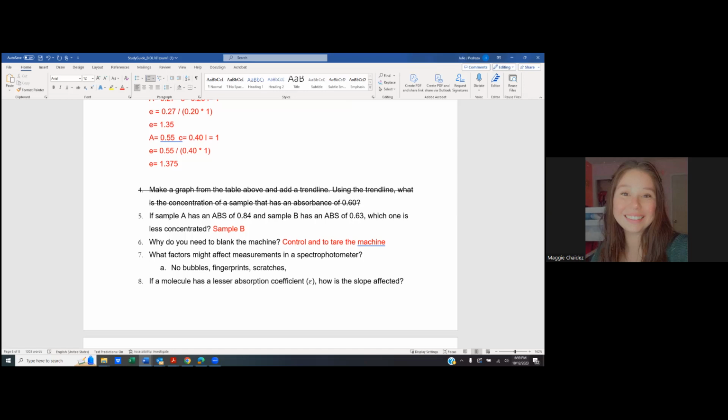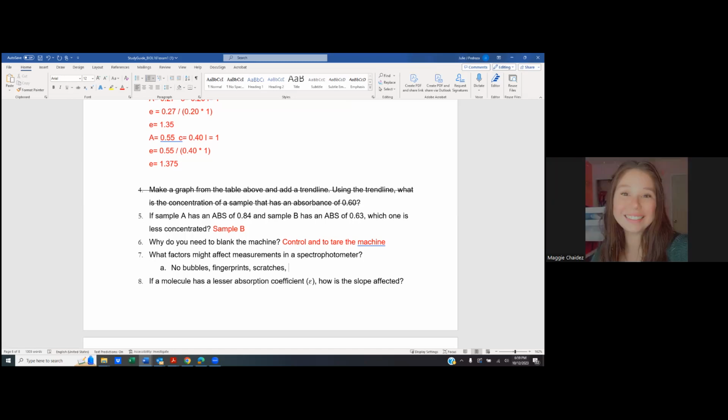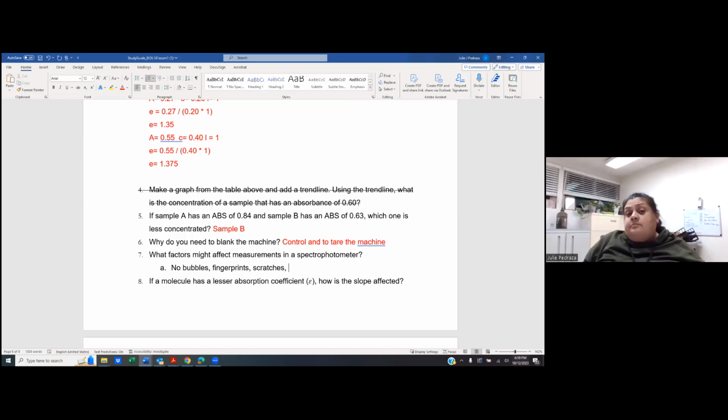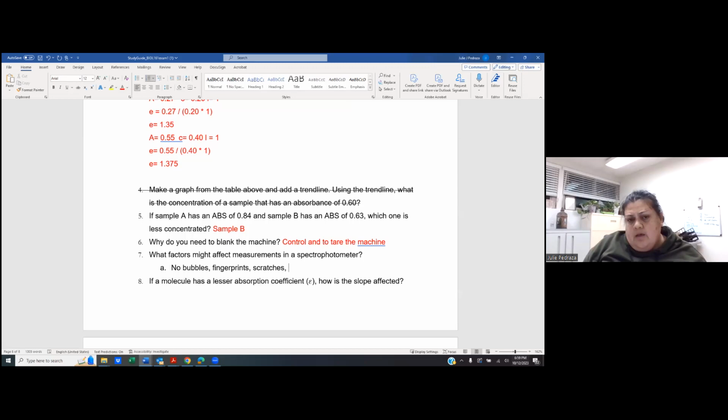Doesn't it have to have like 1 ml? Does it have to have what? Like 1 milliliter? Yeah, it does need to be 1 mil.